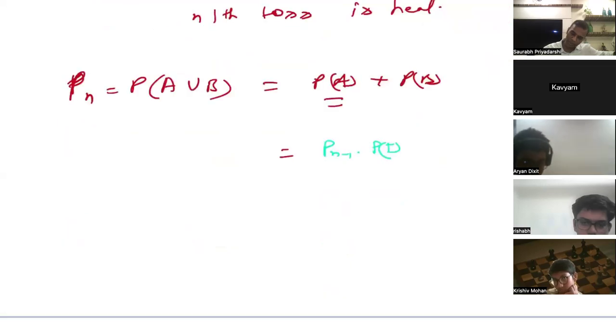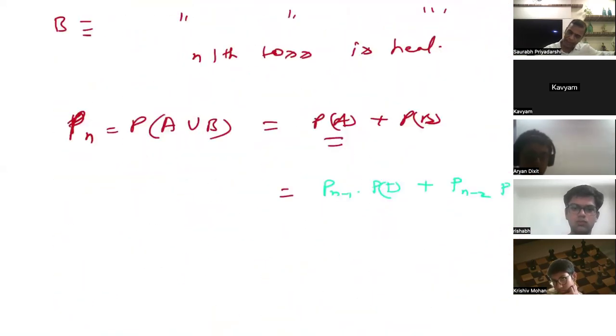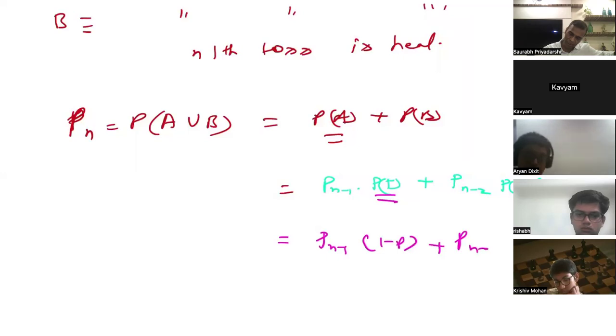So plus P(n-2) times P of tail and P of head. Overall, Pn equals P(n-1) times (1 - p) plus P(n-2) times p times (1 - p). Is this okay? So we have proved that Pn is this.